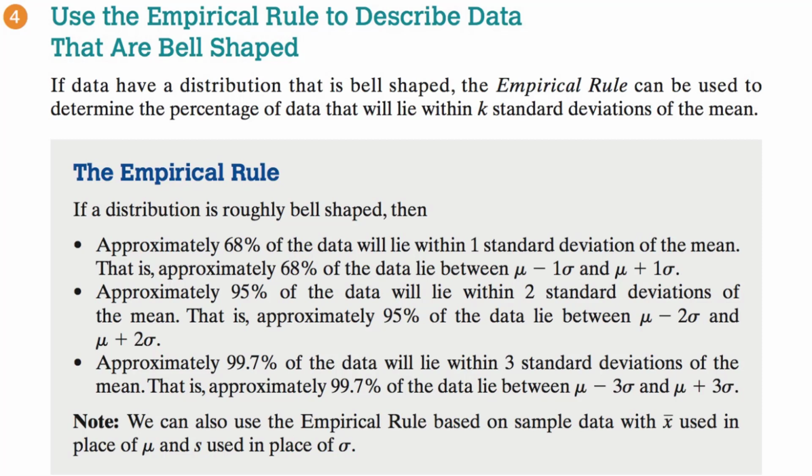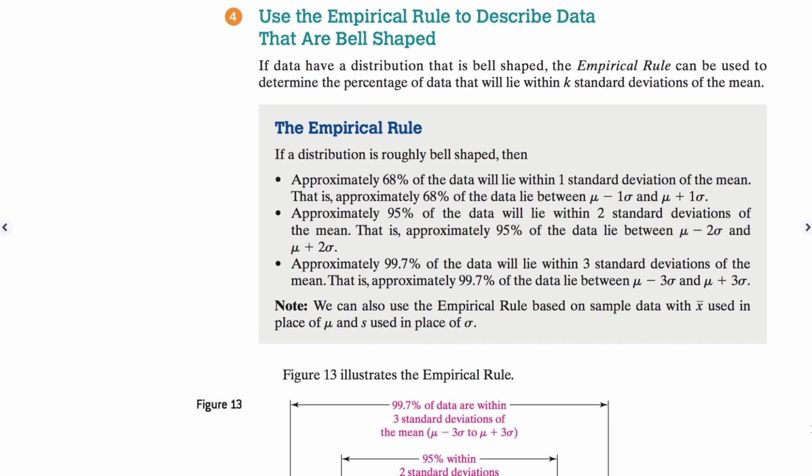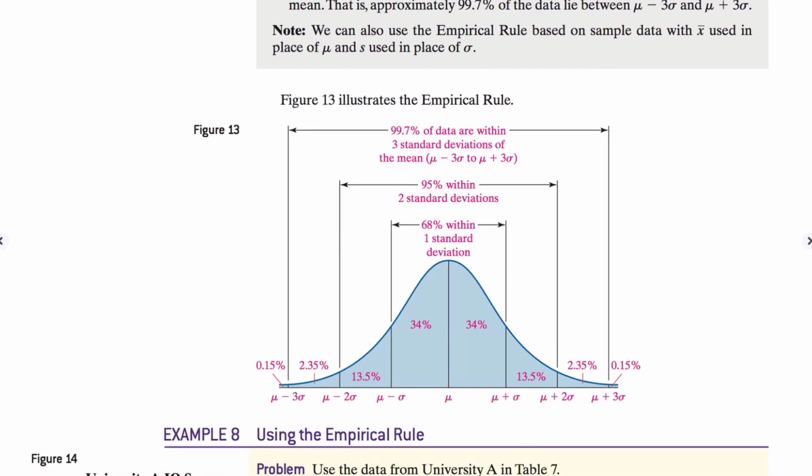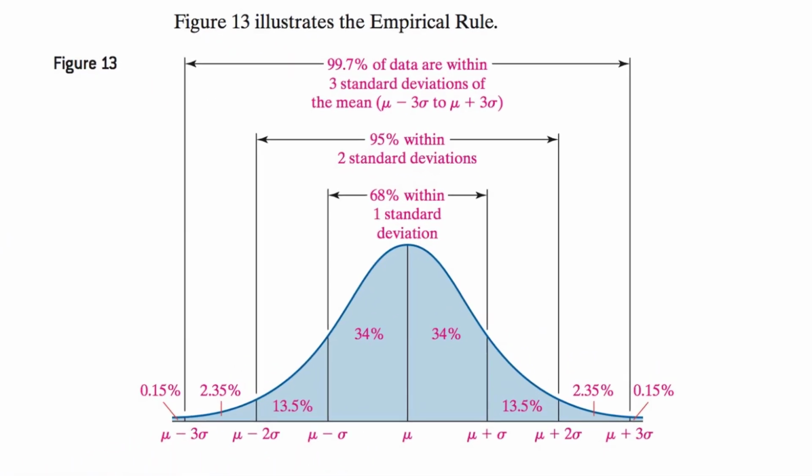Now, we have it in a textual version here. You can read that for yourself. What I would suggest is that you probably want to copy down this figure 13 that you can see on the screen in front of you right here. This is a very good illustration, and what it's showing is that if you go out 1 standard deviation, in other words 1 standard deviation below and 1 standard deviation above the mean, you're going to capture about 68% of the distribution.